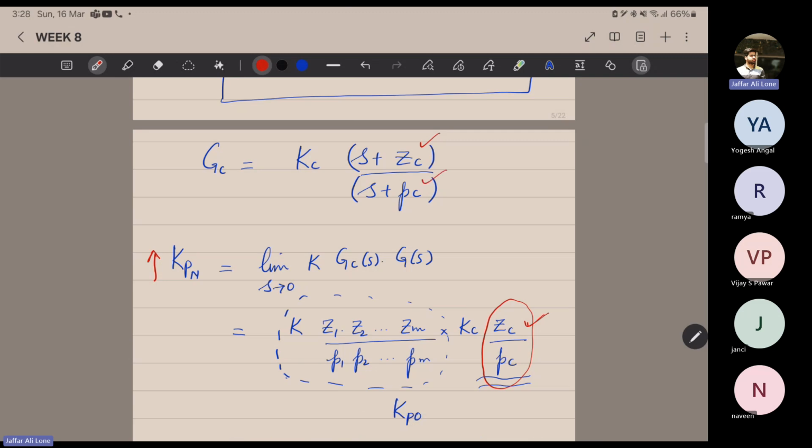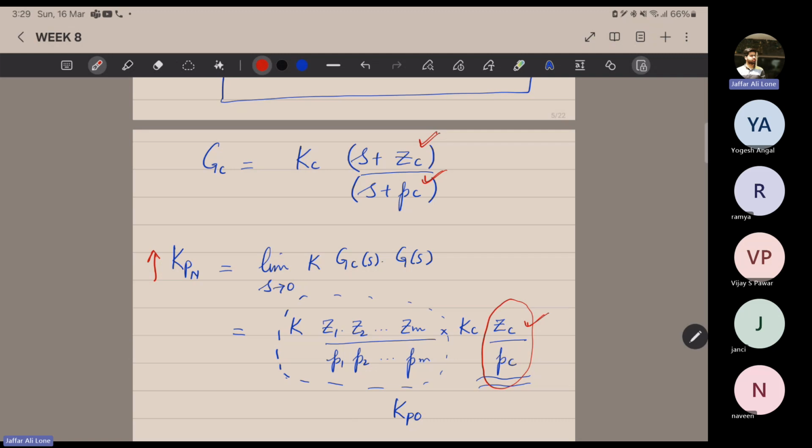So if we are adding this zero and pole in the system, we are somehow also contributing to the transient characteristics, right? Because, like I just told you, adding a zero shifts the root locus to the left, and adding a pole shifts the root locus to the right. So I'm actually adding a zero as well as a pole, and it will actually disturb the root locus.